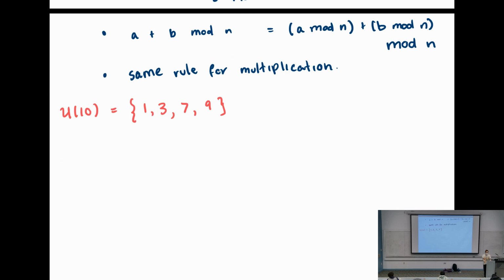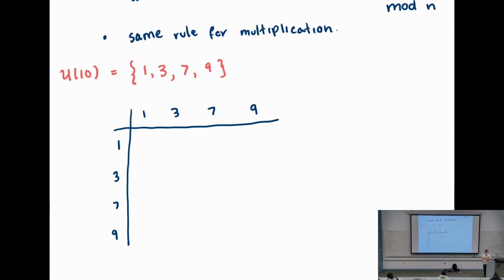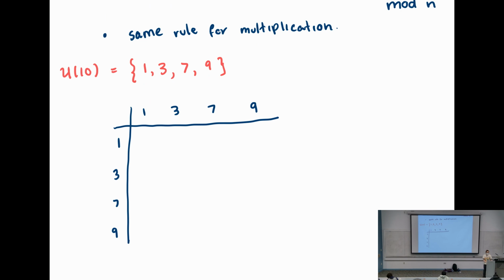And we can write down the multiplication table, which will also be helpful for getting some practice with modular arithmetic. Okay, so 1 is the multiplicative identity. Just looking at this first column, we get back 1 times 1 is 1, 3 times 1 is 3, we get 7, and we get 9, and same thing going across.